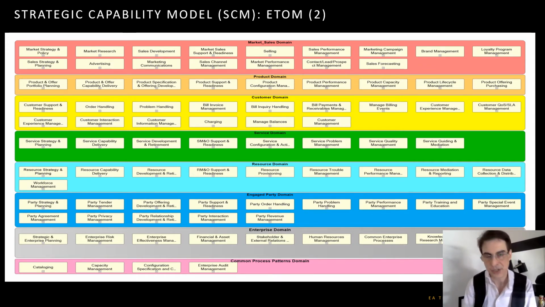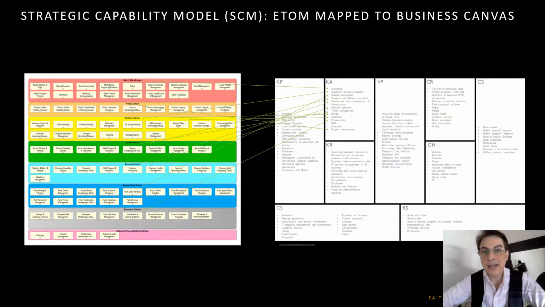So that's a key point to make a note of. And here you see some high-level strategic capabilities, such as marketing and sales, customer management, and resource management and such. And then we have different sub-capabilities, if you will, for each one of them. And we use techniques such as business canvas modeling. This is where we look at ourselves, put ourselves in the center, and use a context diagram if you're familiar with that, and say, okay, who are the actors around us?